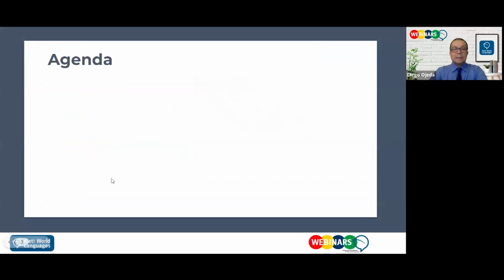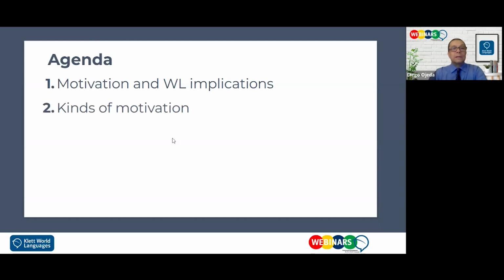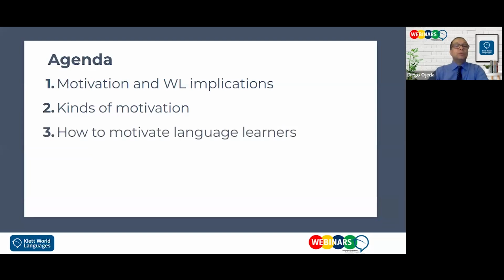So let's get started. This is the agenda for today's session. First, we're going to talk about motivation and its implications in world language instruction. Then we're going to talk about kinds of motivation. What kinds of motivation are out there? Then we're going to talk about how to motivate language learners, and we're going to see some specific activities and some specific examples.